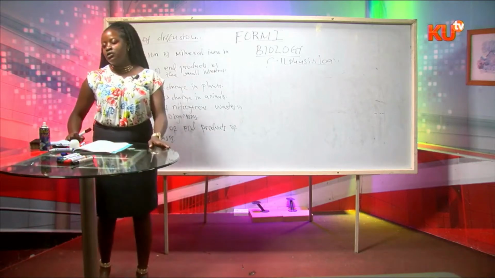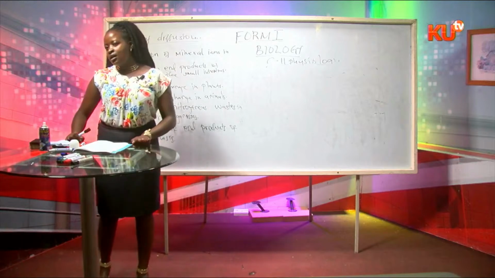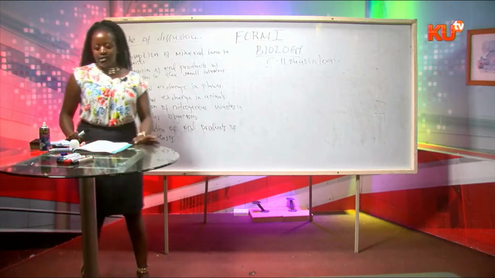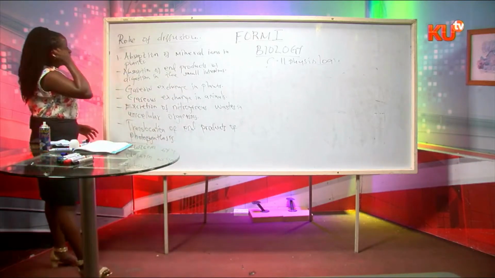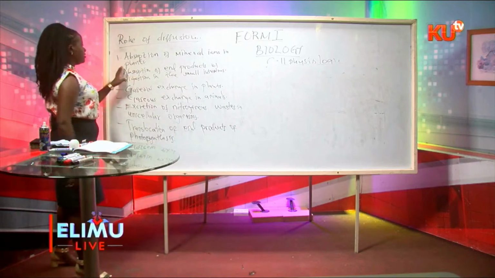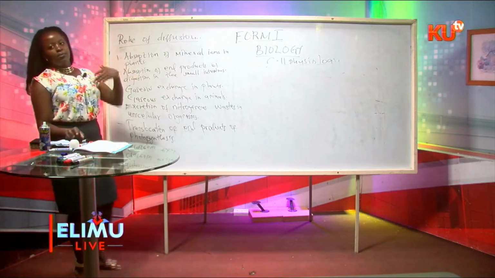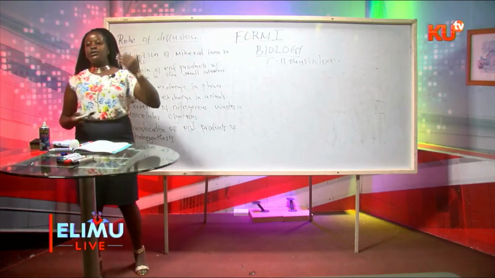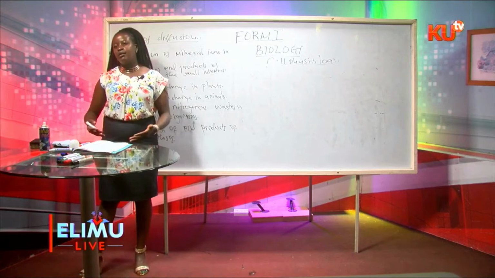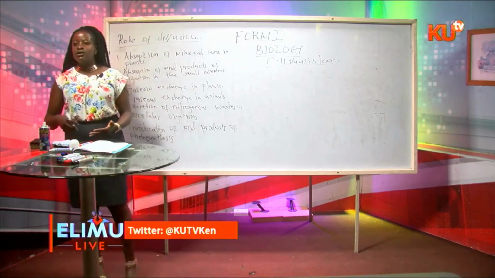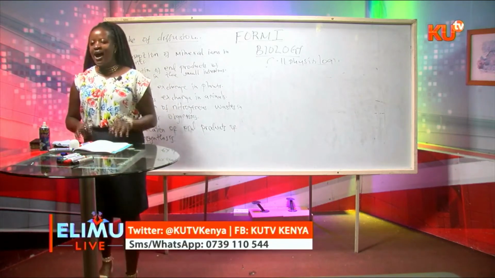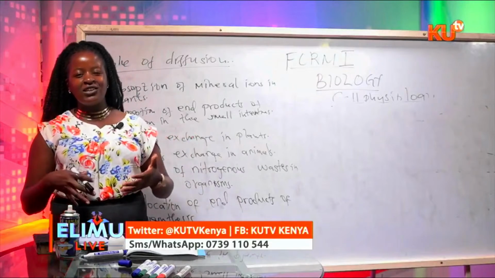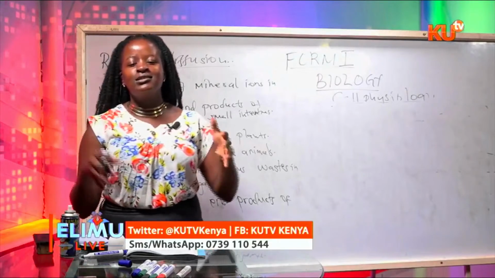This diffusion process assists both plants and animals. For example, it helps in absorption of mineral ions in plants. Now, mineral ions are found in the soil solution. Soil water is called soil solution. So these mineral ions are in higher concentration inside the soil solution.